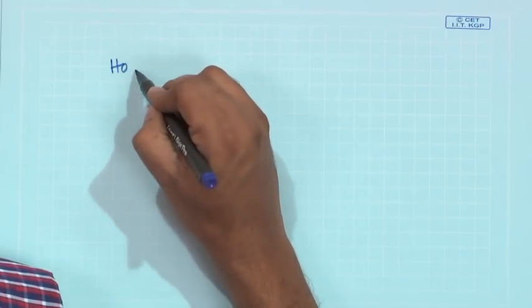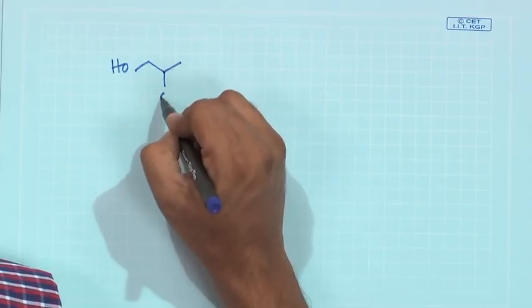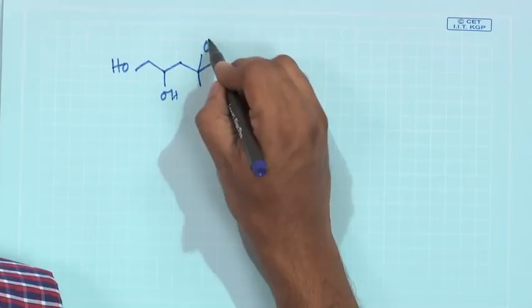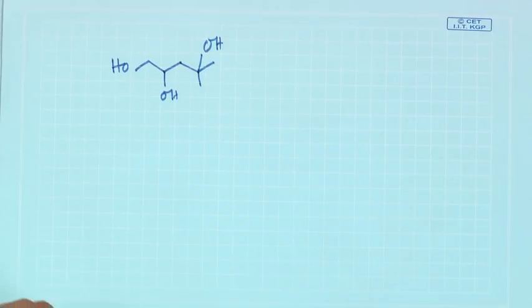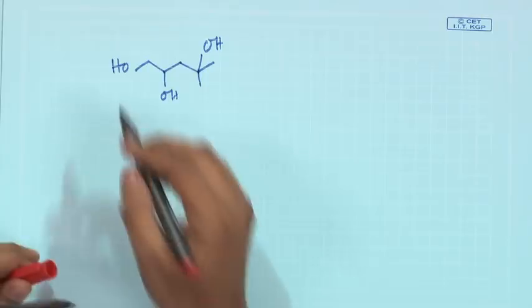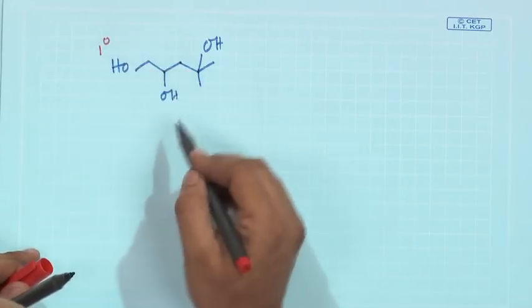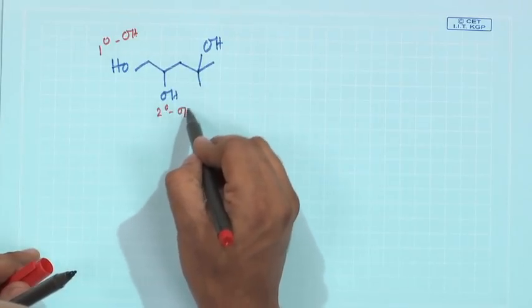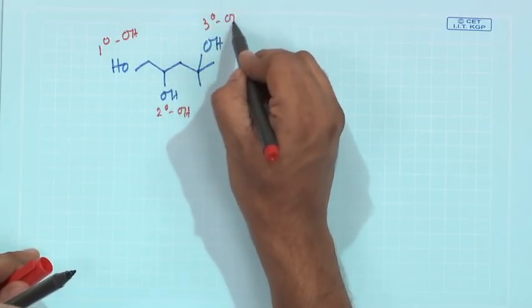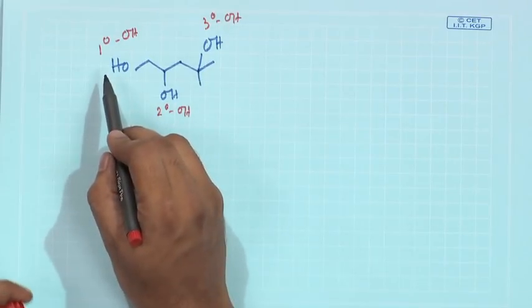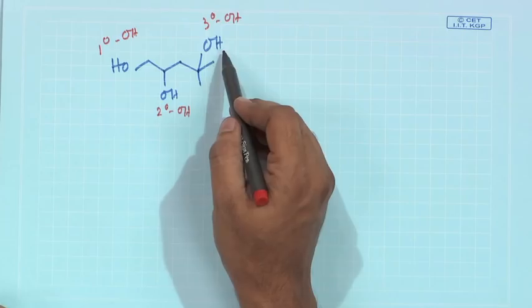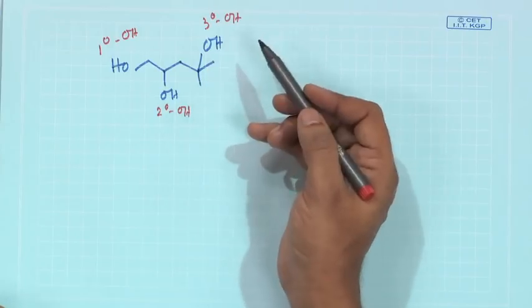I will give you a compound, let us say, now this compound has 3 active functional groups: a 1 degree OH, a 2 degree OH and a 3 degree OH. Now, 1 degree alcohols are sterically less crowded, 2 degree a little bit sterically crowded, but not like 3 degree, and 3 degree alcohols are sterically highly crowded.